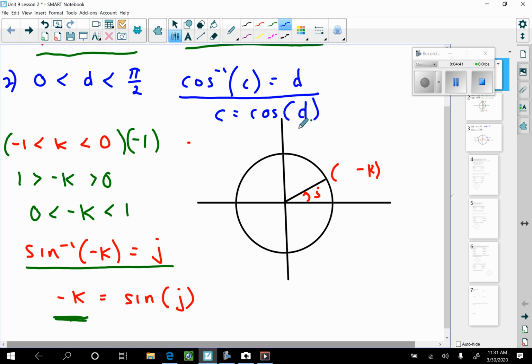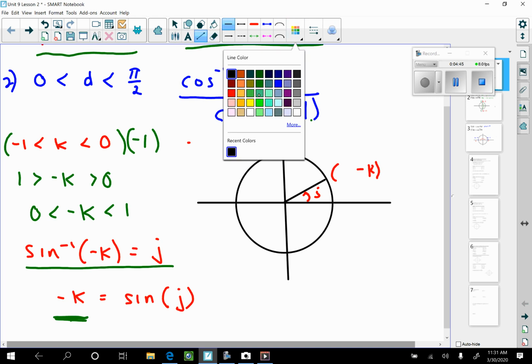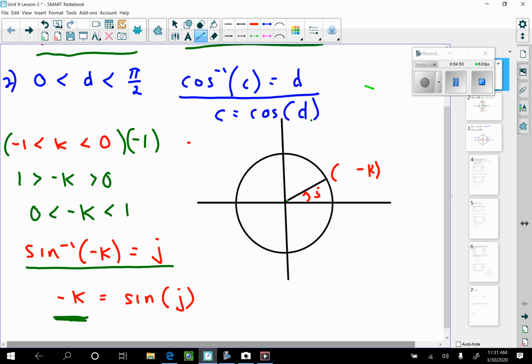D is between 0 and pi/2. Let's sketch D here. Let's change the color of D. Let's go this time green for the angle D, for the terminal angle. So I'm going to come up here just to keep it out of the busyness of the sine of j, and I'm going to let that angle be d.